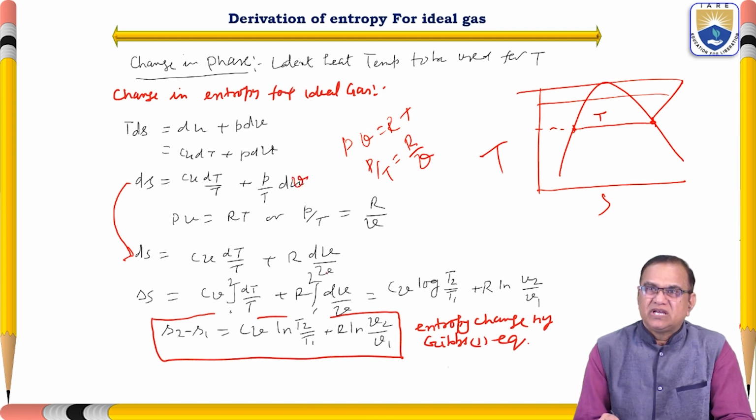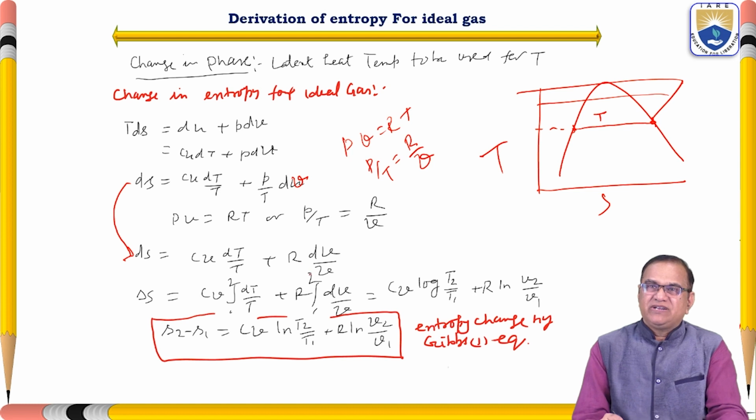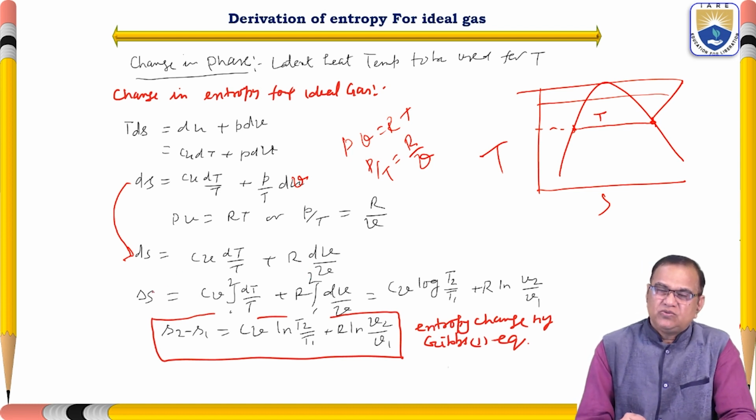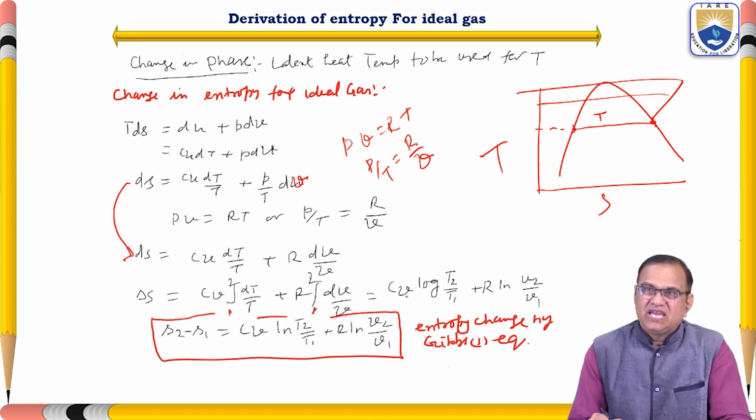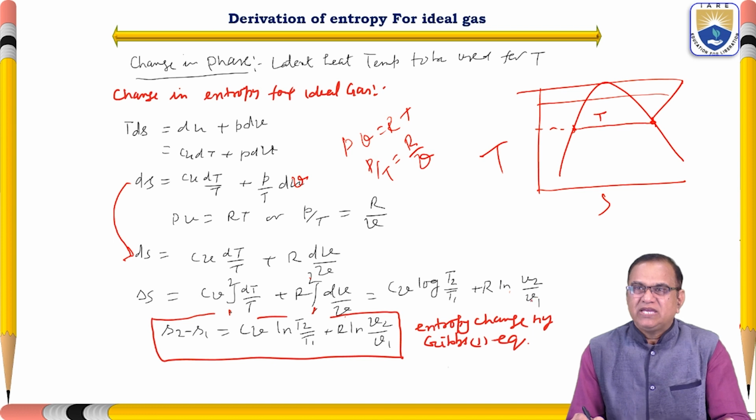Now we have to integrate from 1 to 2. So delta S is equal to Cv integral 1 to 2 of dT by T plus R integral 1 to 2 of dV by V. This gives Cv ln T2 by T1 plus R ln V2 by V1.